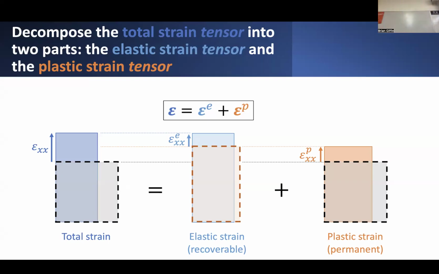Whatever differs between these two measures of strain, the total strain and the plastic strain, that's the portion of strain, the elastic strain, that actually accounts for how much stress will develop in the material.